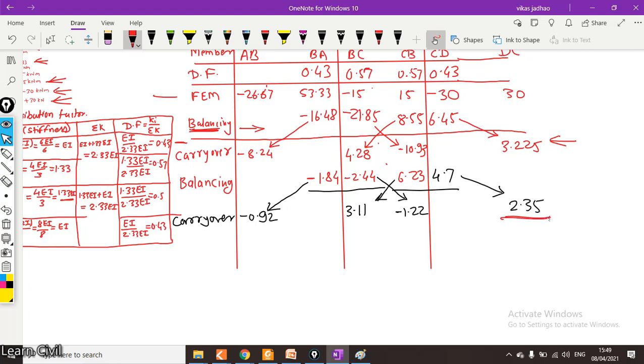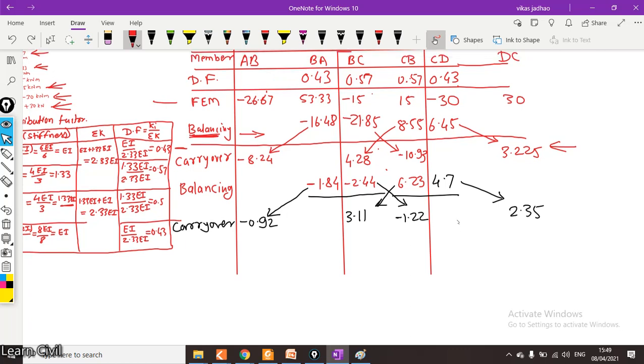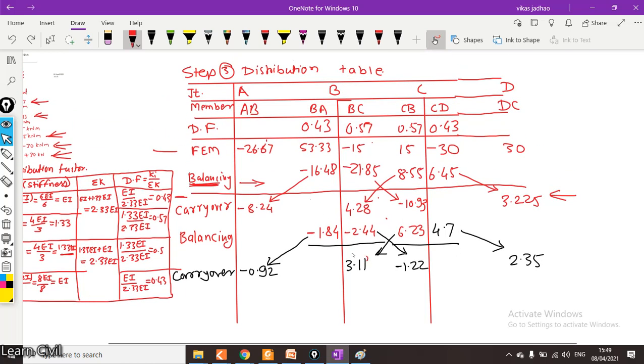Again this 2.35 will be self balanced because support D is again a fixed support. But this particular moment of 3.11 and minus 1.22 will be again an unbalanced moment. So the next step will be again balancing. Again we will go for balancing.